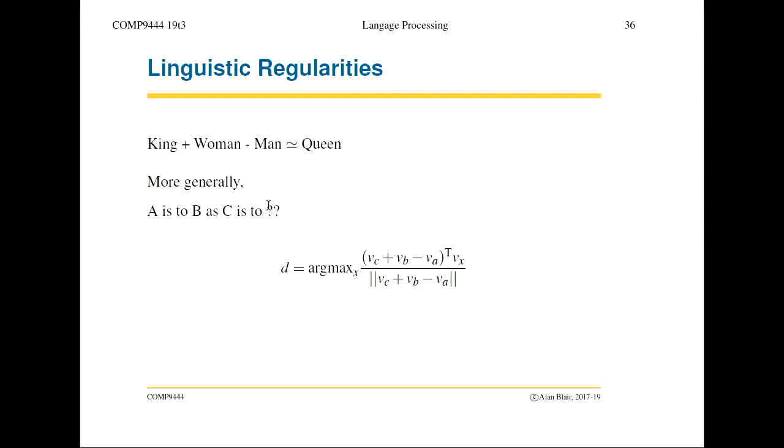There are different ways of phrasing the same question. So if you want to answer this question, you take the vector for C and add the vector for B and subtract the vector for A.